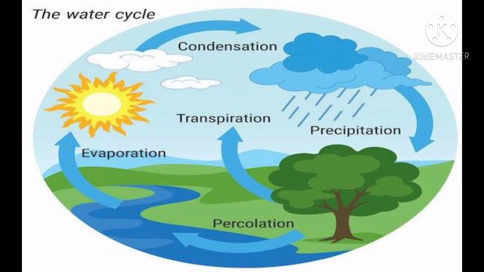Global warming results in change in the weather pattern and decrease in rainfall. All these factors have resulted in water scarcity.